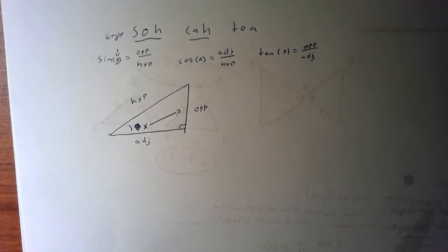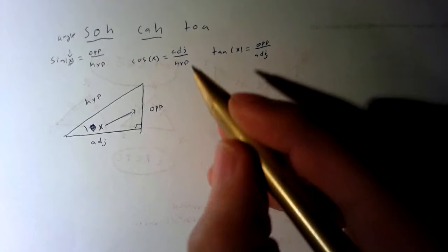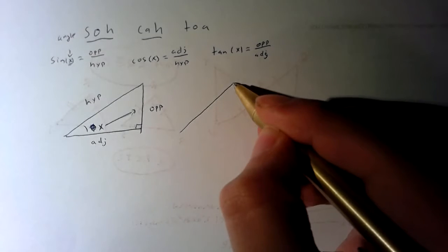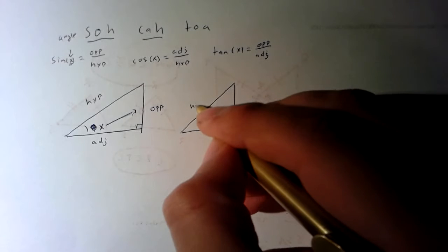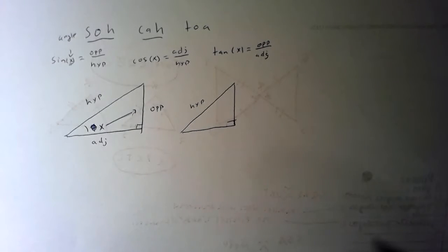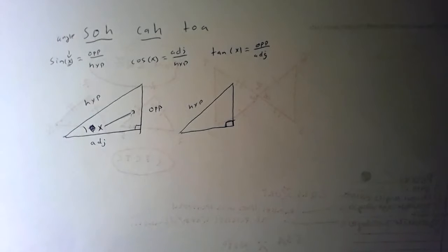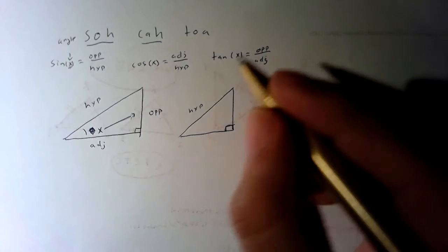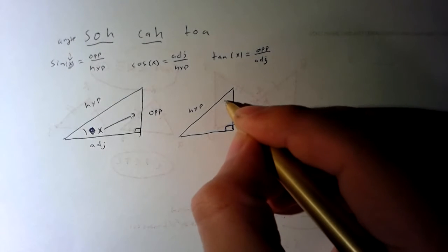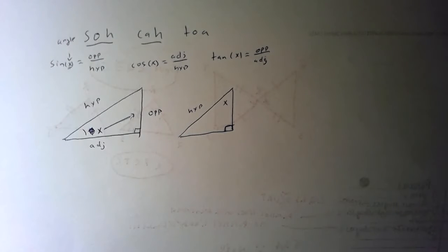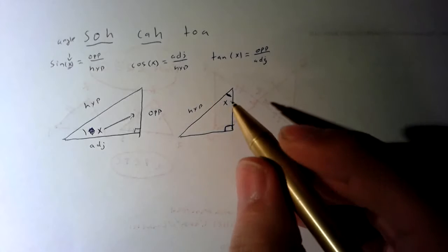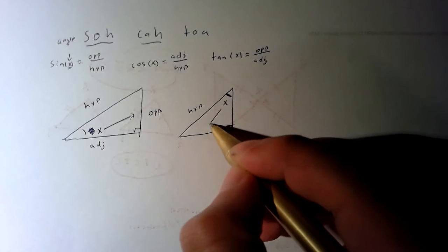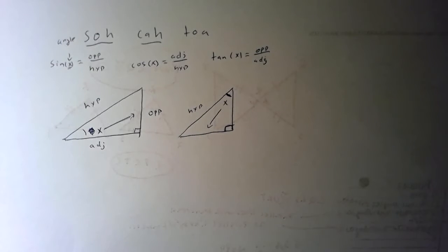Now, one very important thing to note immediately is the sides that are opposite and adjacent depend on what angle you're looking at. Suppose I drew another right triangle like this, but I wrote x up here. So if this denoted the angle x, then the opposite is now on this side. So that would be the opposite now.